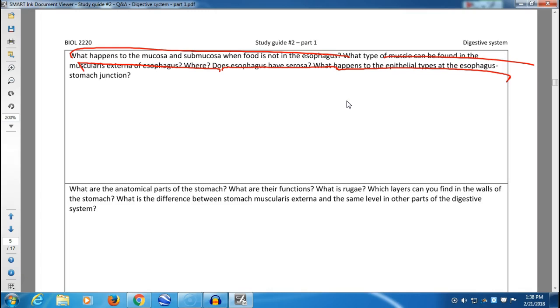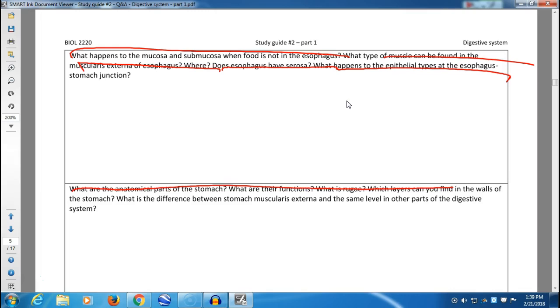And then the pylorus, which can be separated into the antrum and pyloric canal, which leads semi-digested food to the pyloric sphincter, which controls the passage of food. We good? Rugae are just folds, basically, okay?